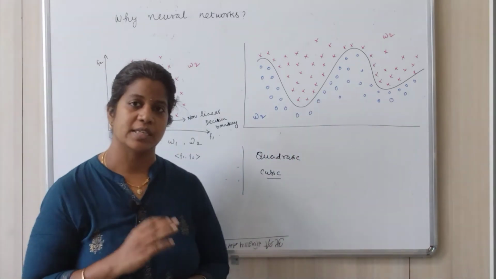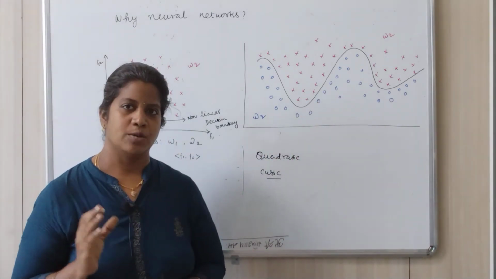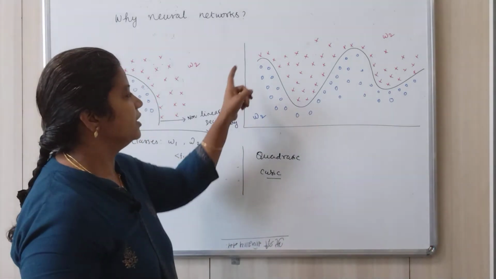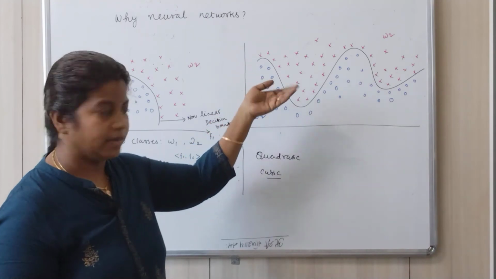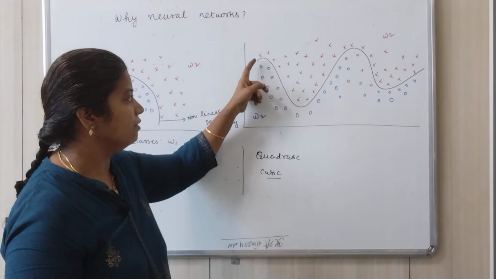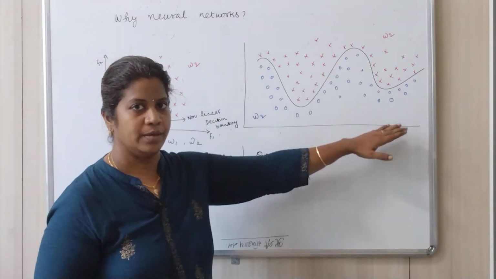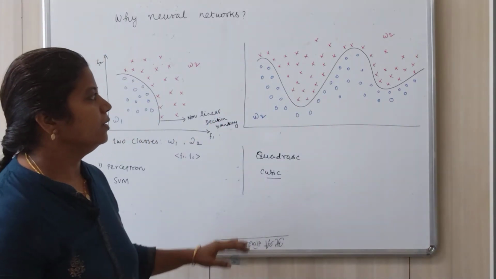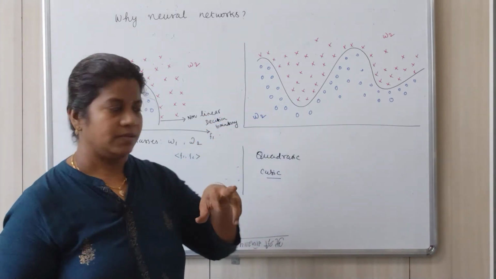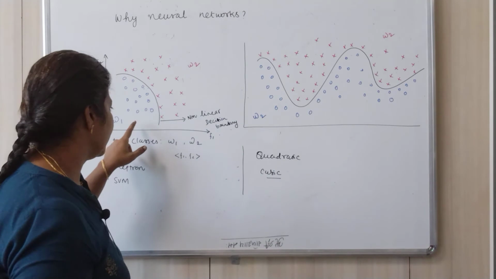In such a situation, people make use of neural networks to have a decision boundary which is so complicated, and also to have such non-linear decision boundaries. One more point is that here we have only two classes, class 1 and class 2.